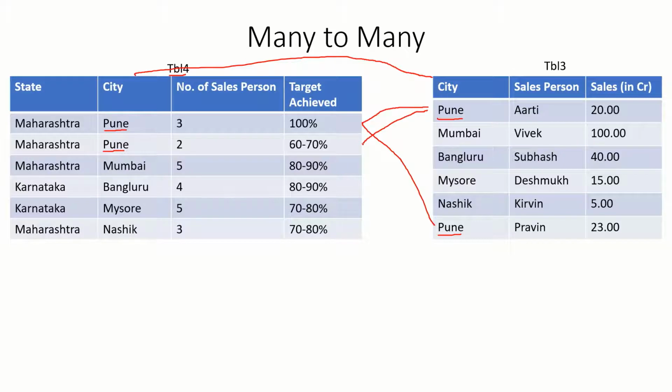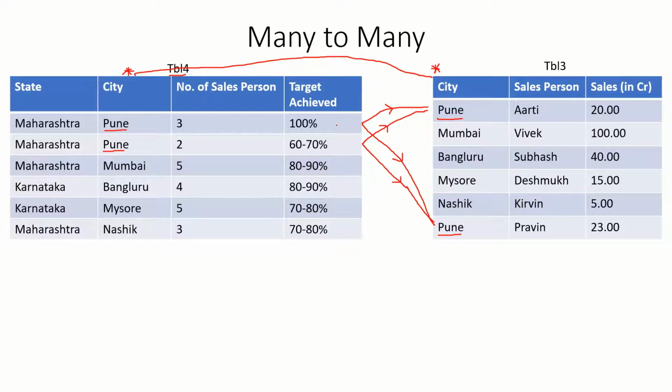Again, the second row of table 4 will join to the last row of table 3. So each row has multiple joins for the Pune city, and hence we term this relation as many to many.